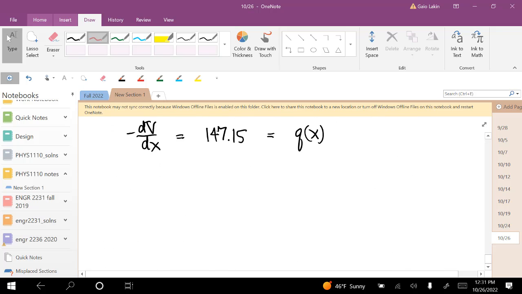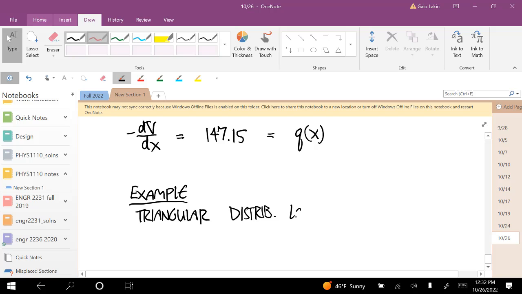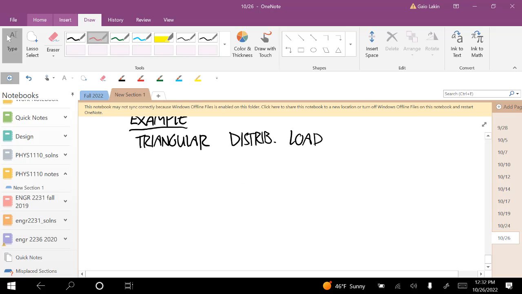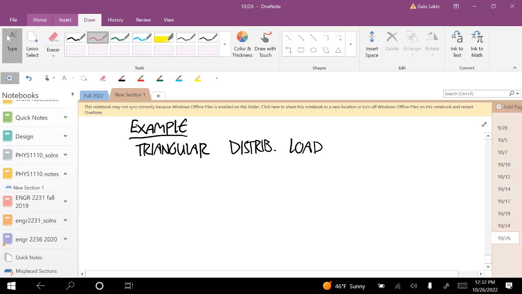Okay, so now I'm going to do an example with a triangular distributed load. So let's have our beam have a roller at the middle and a pin joint at the end.